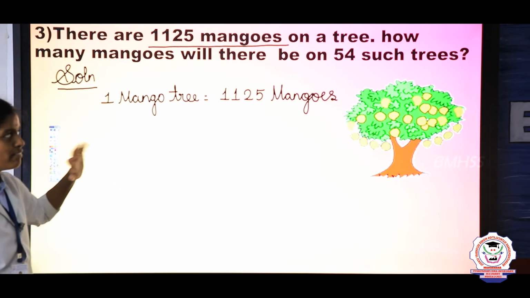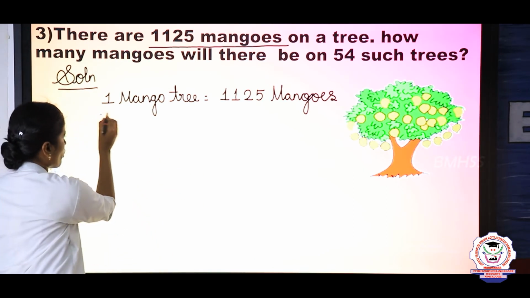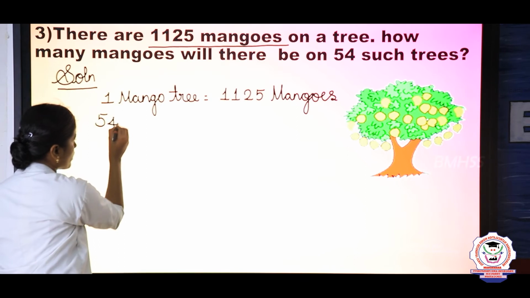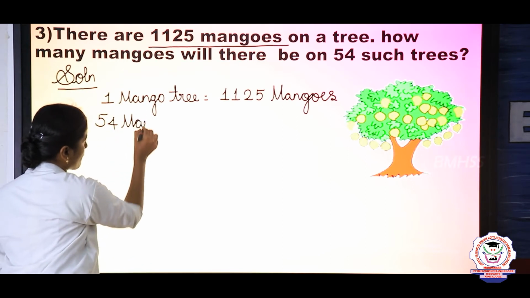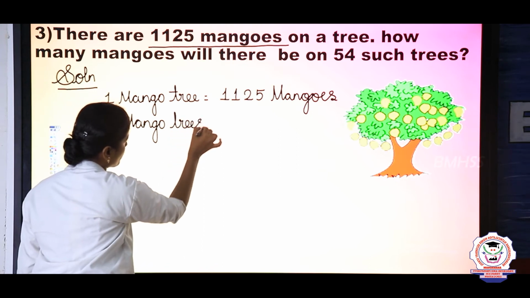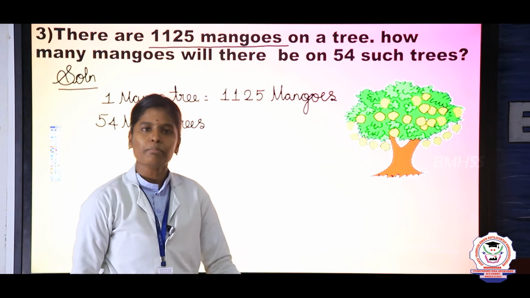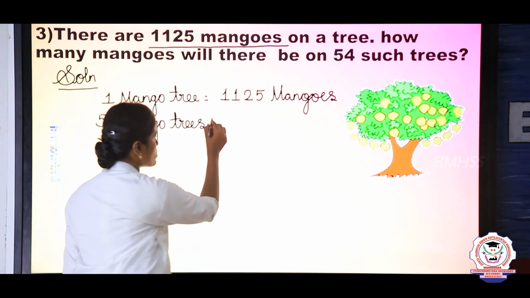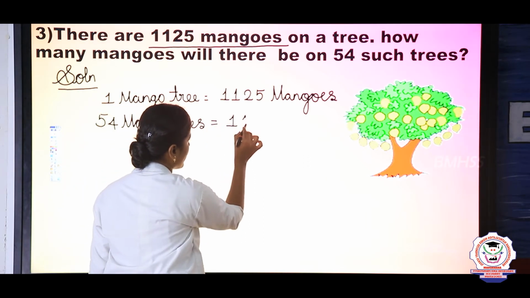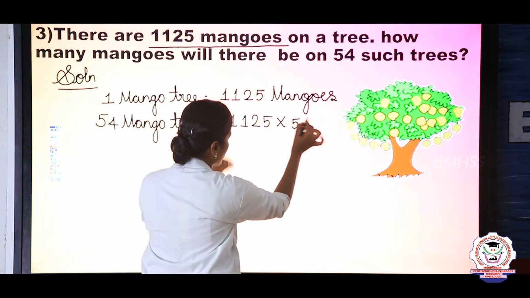Next listen children, we will find 54 such trees. So write, 54 mango trees equal to. Take 1125 multiplied by 54.